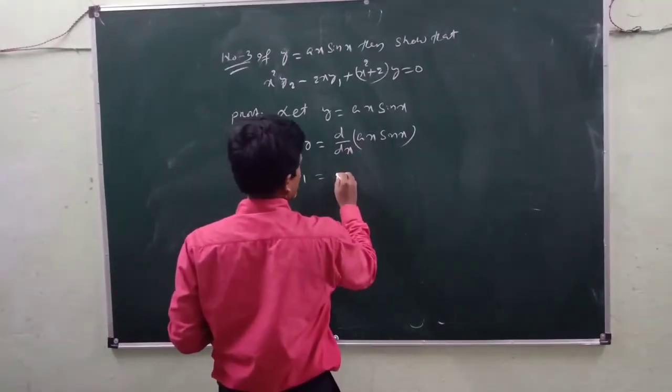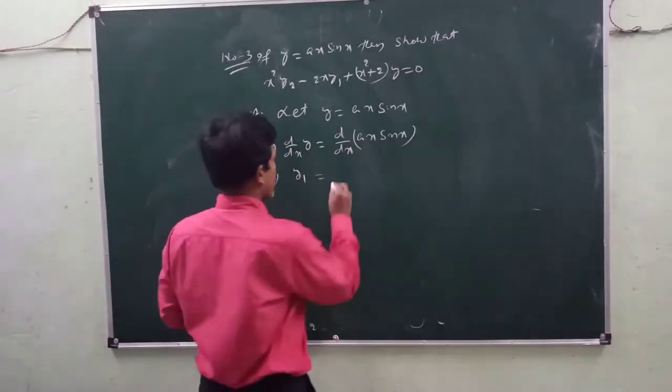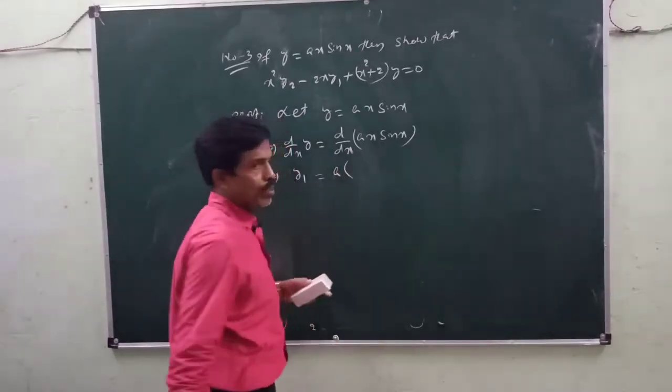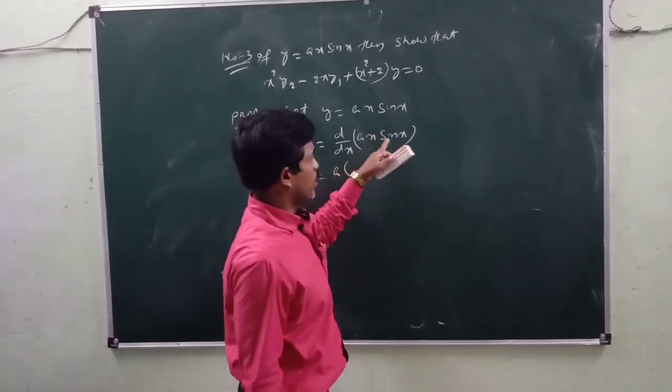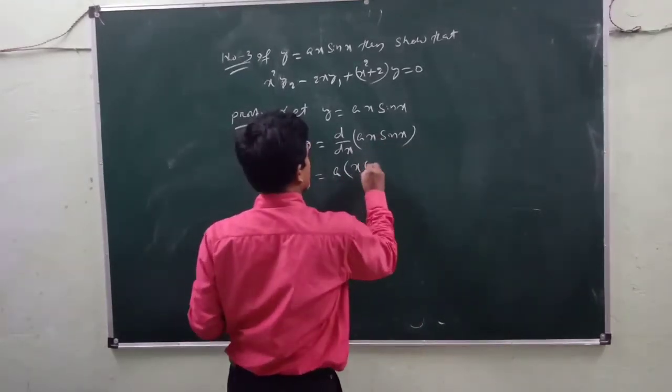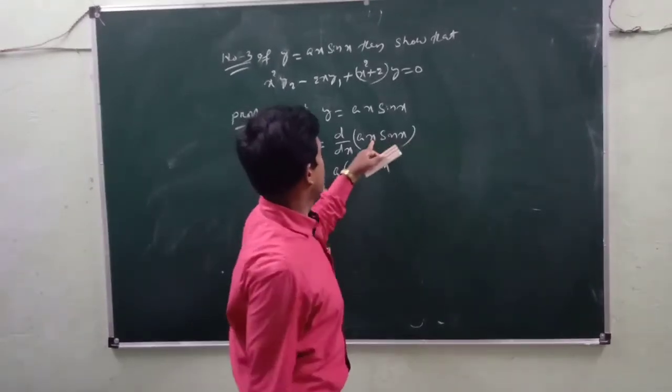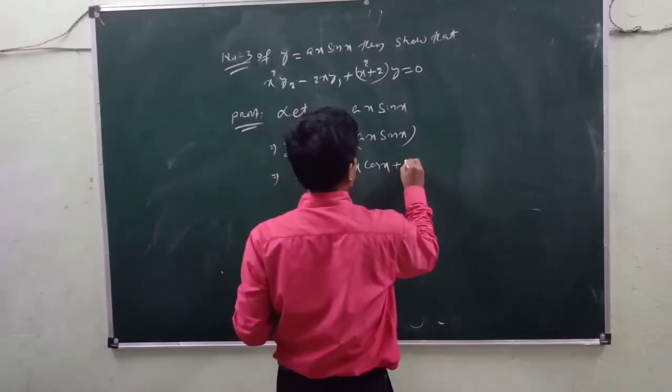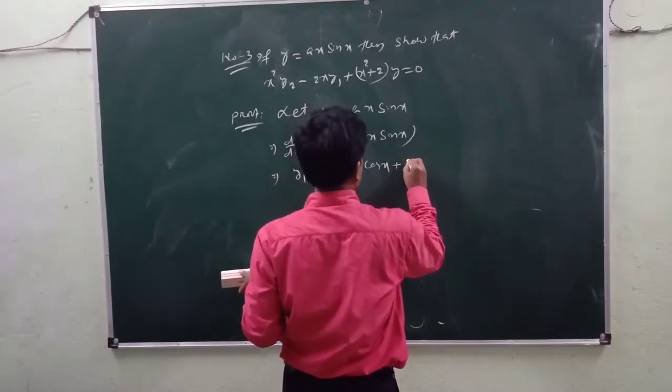Again a is a constant, take it outside of the derivative, then apply the product rule: first into the derivative of second, so it will be x cos x, then second into the derivative of first, it will be only sin x.